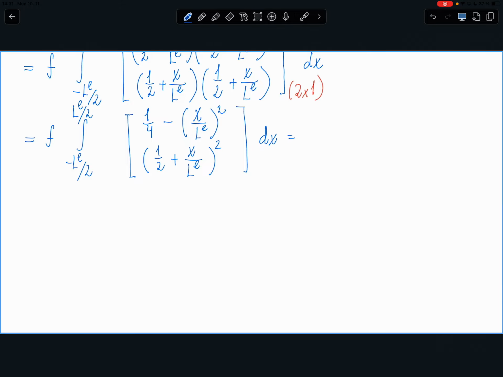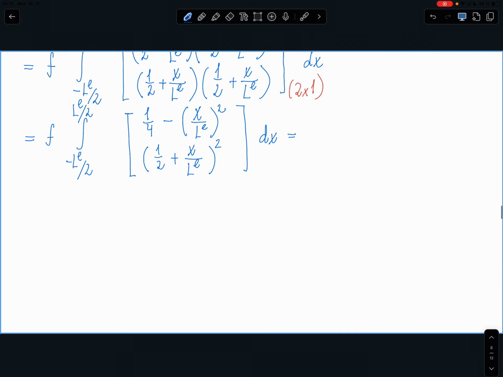To make it slightly better organized, I will just compute this integral. So this is 1 over 4 minus x squared over LE squared dx, and these are the bounds.